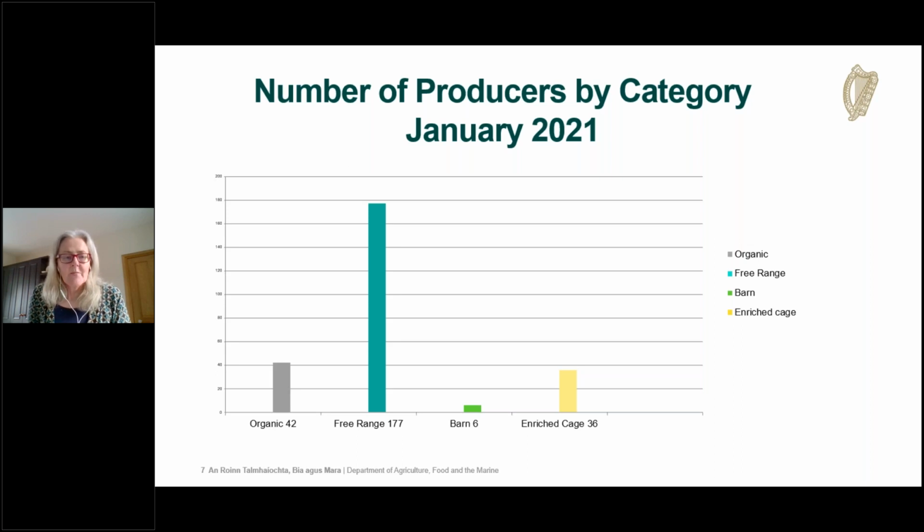What we have seen in terms of trends over the last couple of years is a slight increase in organic production and free range. Barn has actually fallen slightly, but we anticipate that this may begin to rise again in light of market pressure to move away from enriched cage. And the enriched cage systems has stayed relatively static over the last number of years.